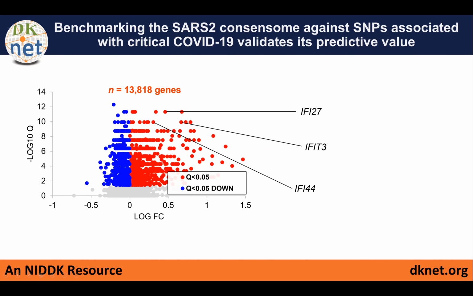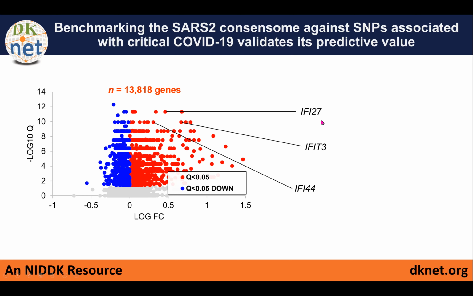Now, the first thing that we wanted to do was to validate the consensome. In other words, we wanted to convince ourselves, and equally importantly, convince other people that this was going to be a reliable research resource. We can eyeball the consensome, and we can see elevated rankings for things that we would expect to see.